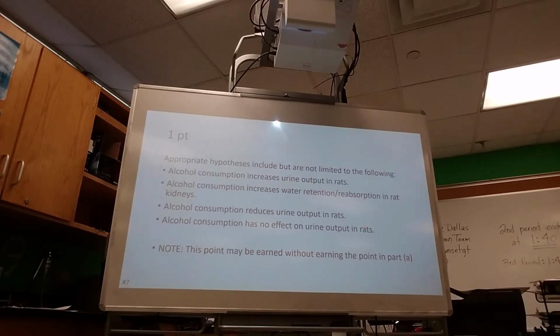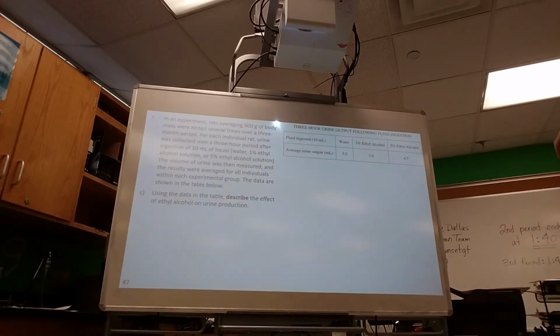Alright, so C, using the data in the table, describe the effect of ethyl alcohol on urine production. Said you wanna buy a sticker.